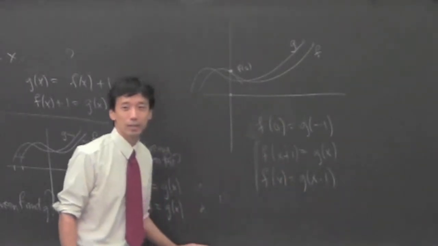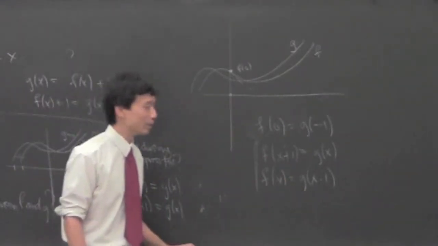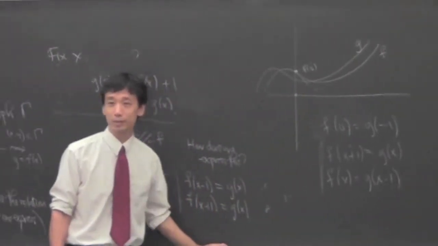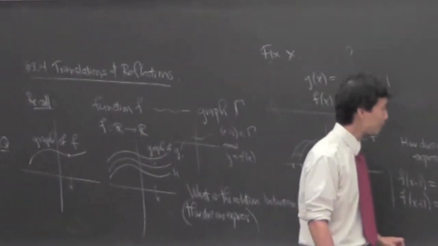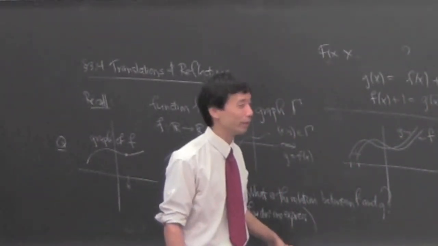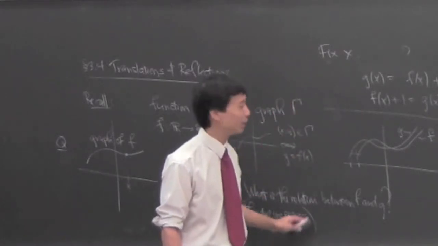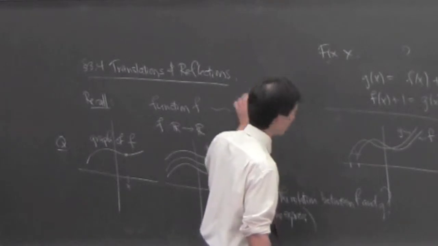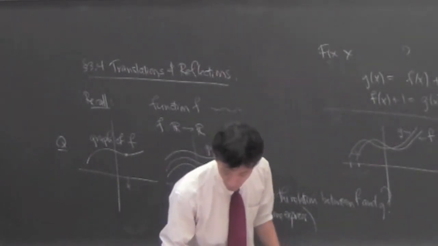I think that's a nice way of thinking about it. But certainly you can think about it graphically, as in precalculus. And I always forget which way it goes, so I have to figure it out using this way of thinking. Okay.